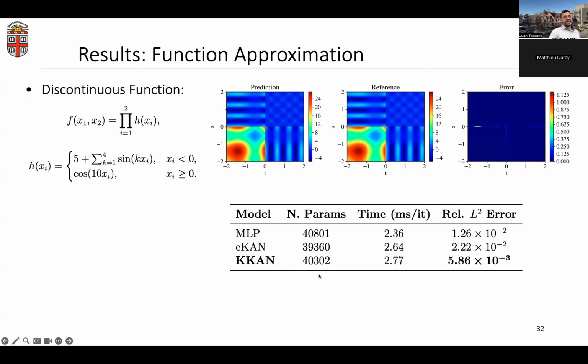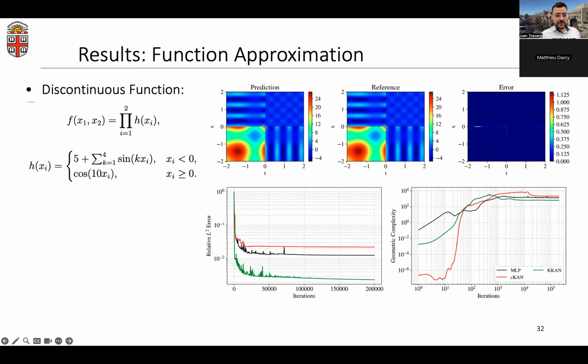We see that in this case KKANs perform a bit better than MLP and also than the Secant, which would be the normal KANs with Chebyshev polynomials. And if we compare the relative error of the evolution, we see that we can go a little bit lower.